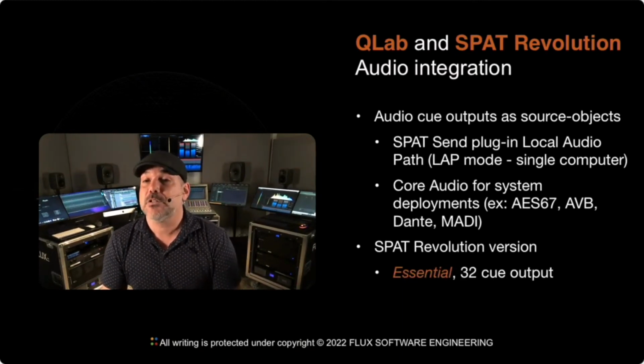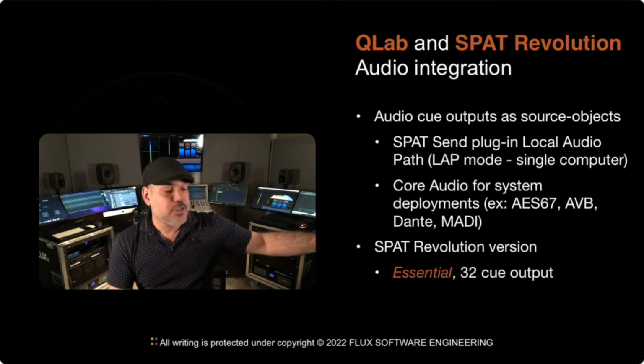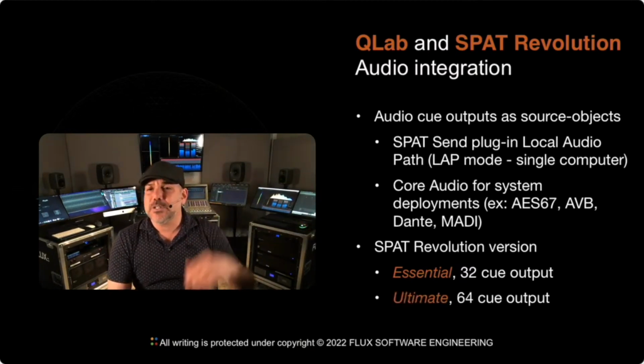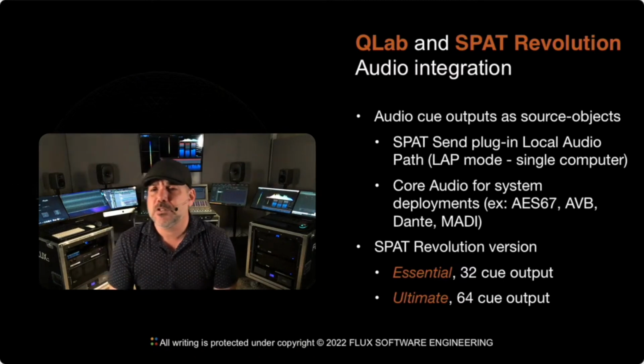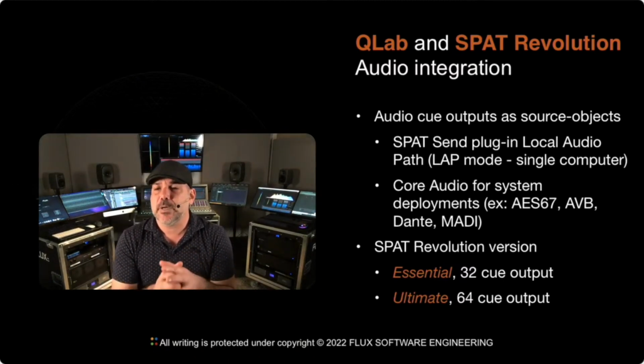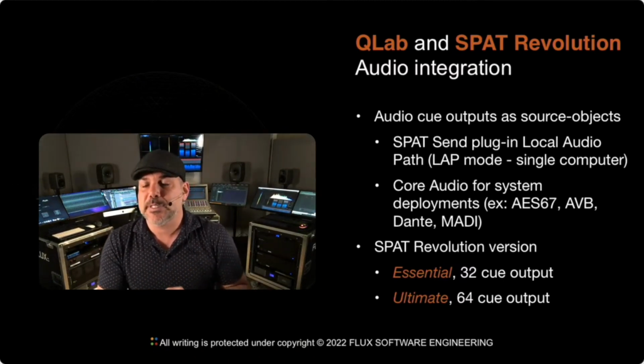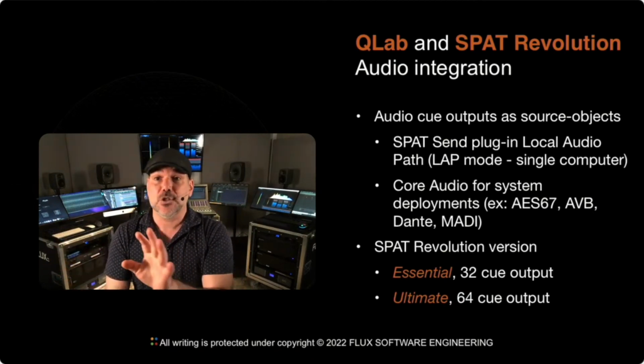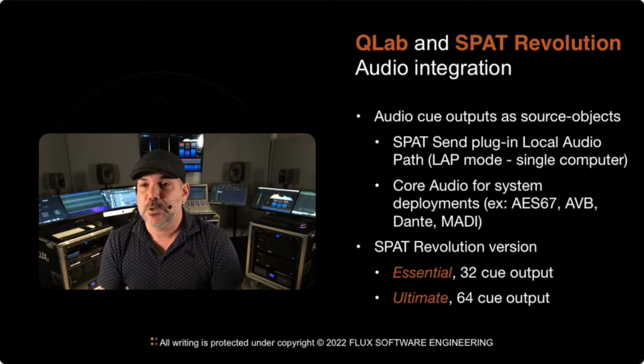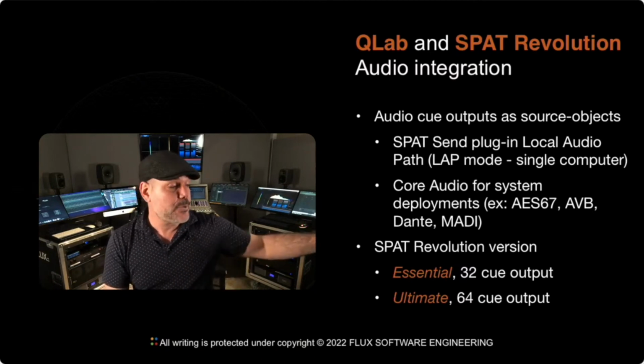That's the limitation of SPAT Essential, but that's obviously a lot of audio objects, mono, stereo objects from the cue outputs of QLab, and we can actually jump and go to the Ultimate version. I'll come back on those limitations a bit later on, just so you understand right now, 32 cue outputs with Essential, up to 64 cue outputs with Ultimate. Now, that's not a limitation of Ultimate, but that's obviously QLab with the 64 cue outputs, okay?